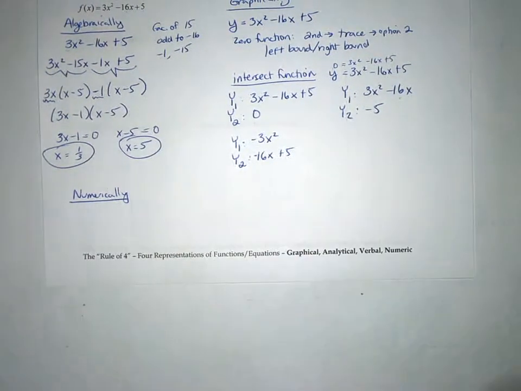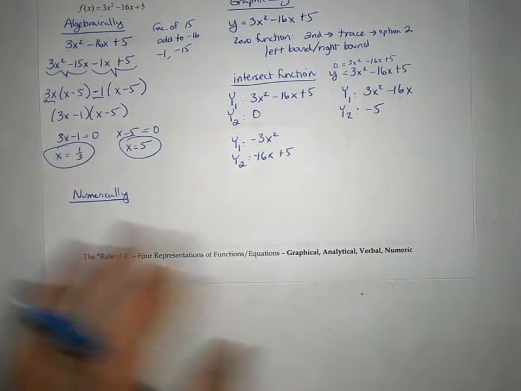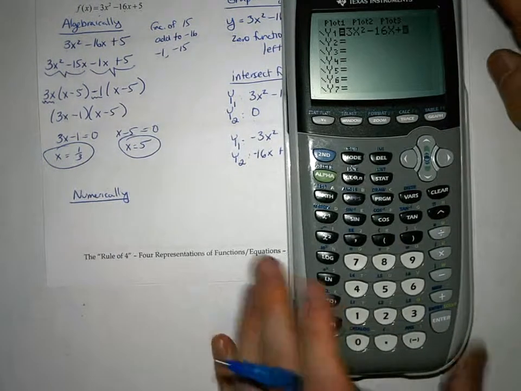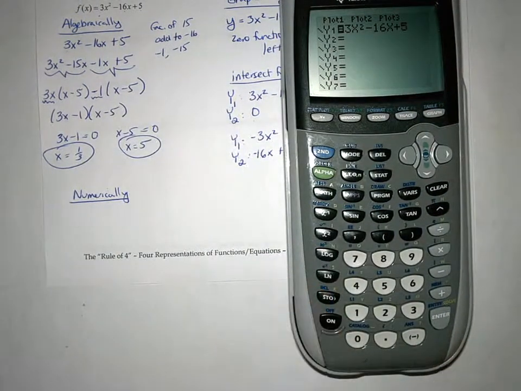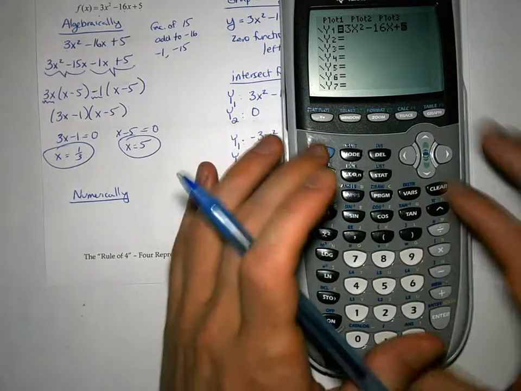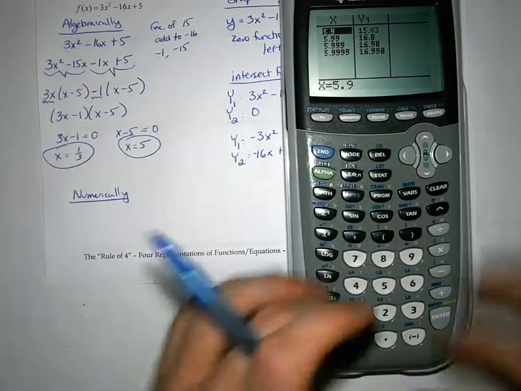Numerically uses the table, and we look for where the graph is equal to 0 in the y column. So we'll go back and we're going to put in 3x squared minus 16x plus 5. And this time we're going to hit second table.